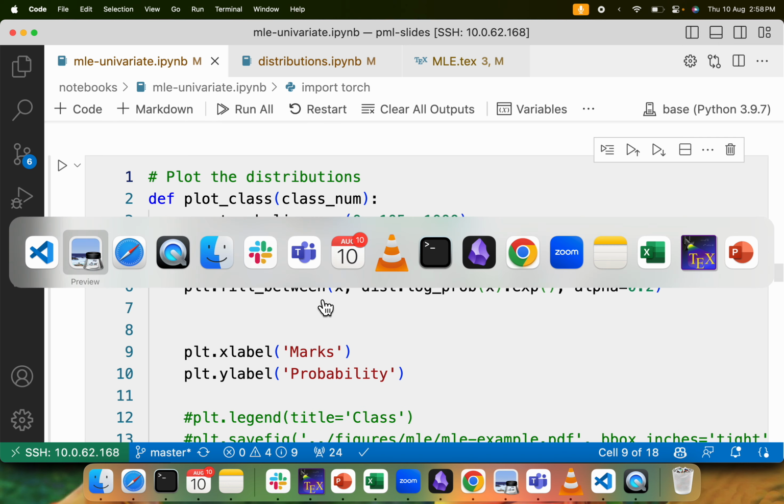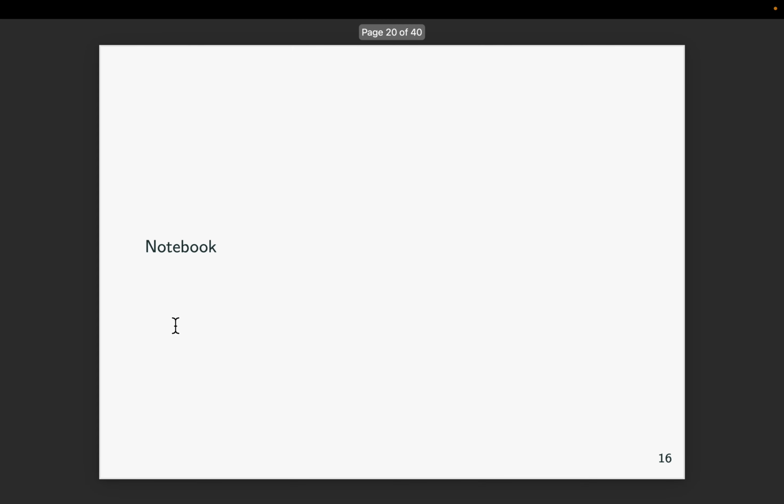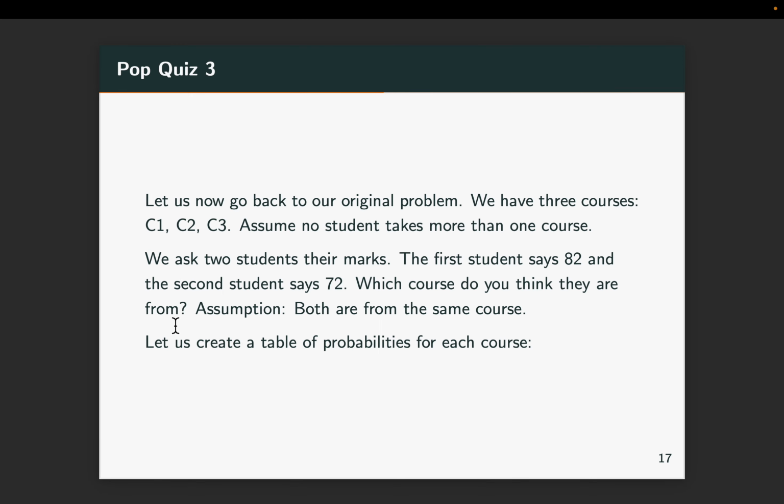So let's now go back to our classroom example. Now we still have the 3 courses, but now we have 2 students I've picked up. Again, both of the students have been picked up from the same class. That's a simplifying assumption. The first student says they got an 82, the second student says they got a 72.